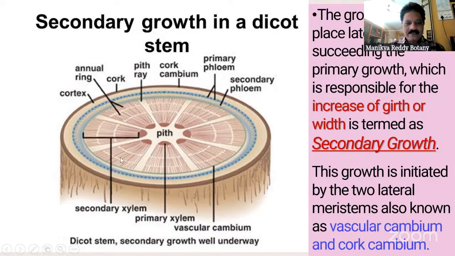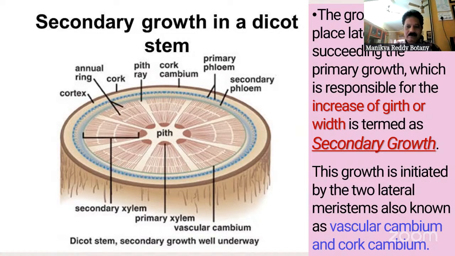Because of the activity of vascular cambium, the increase of the xylem and phloem is seen. And the next cambium, the outer cambium in the outer cortical region, causes one more growth. That is because of the cork cambium.